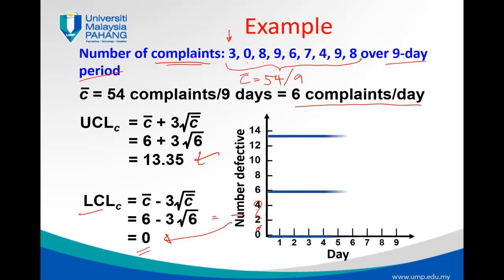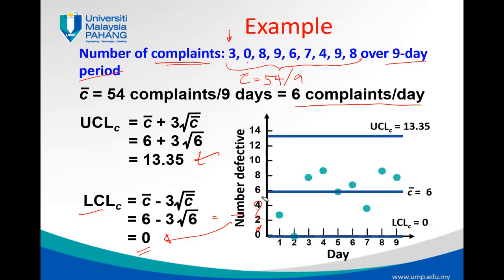From here we can plot the graph. The central line refers to this value 6, then the upper control limit and lower control limit, and then put the values inside the graph.